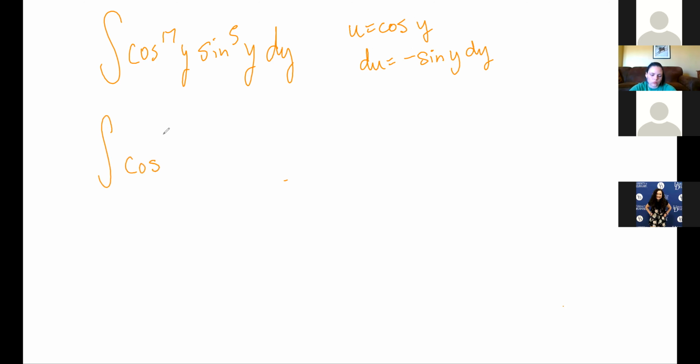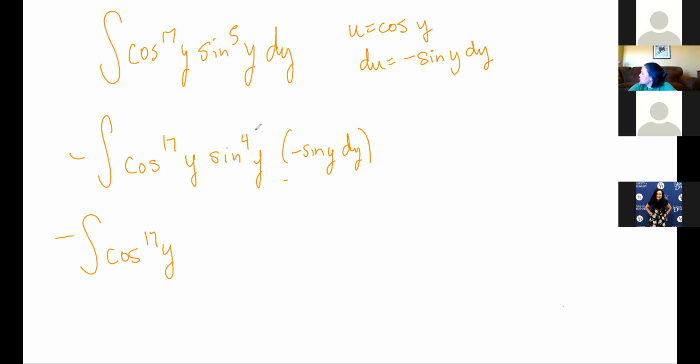So I'll break off one of the sines, and I'm going to throw a negative in there as well, because we need that. And if I do that, I have to throw one outside. So then I have to change my sines into cosines.